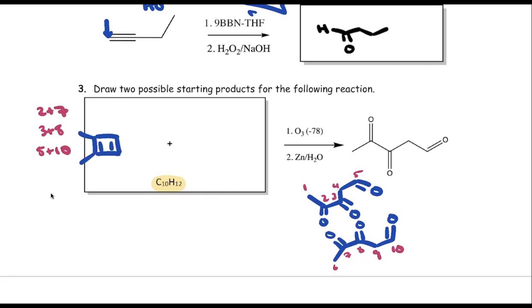And then I have 1, 2, 3. Okay, so it'll be 1, 2, 3, 4, 5, 6, 7, 8, 9, 10. Okay, my next question is why don't I really like this compound too much?